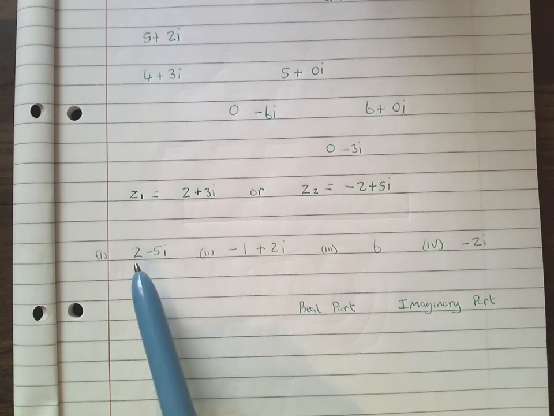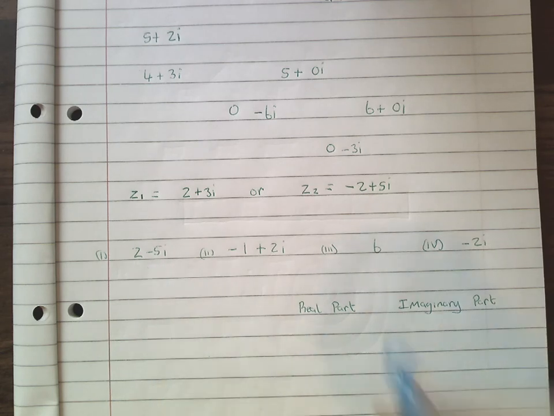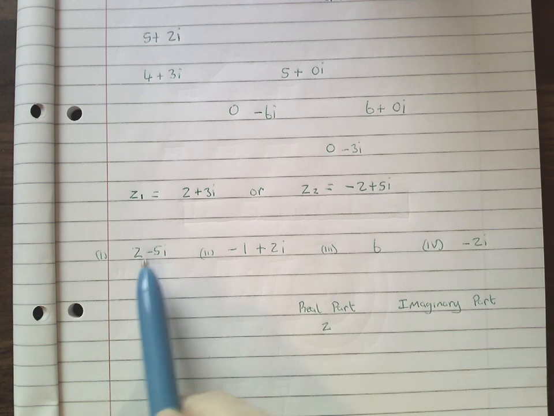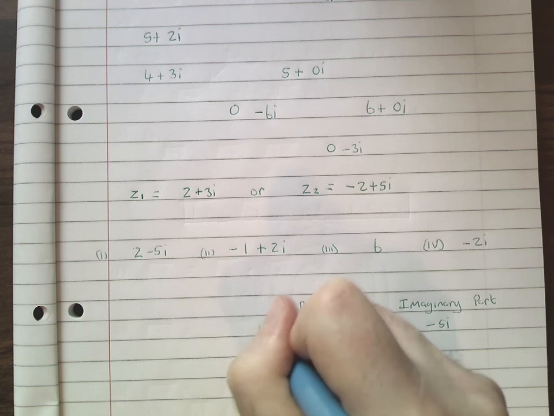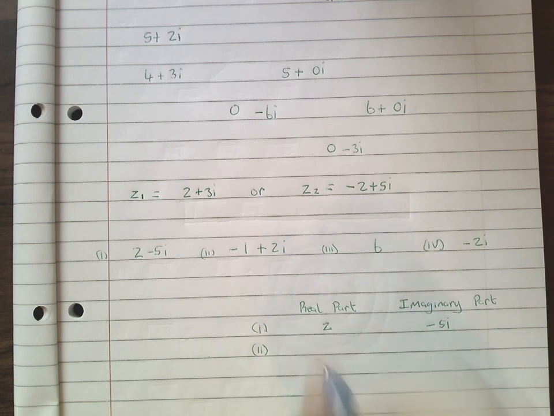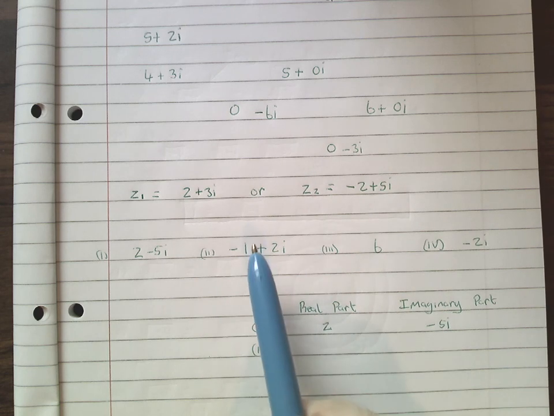If we take this first one here, what's the real part of this? This 2 here is the real part, and this minus 5i is the imaginary part. Okay, so that's question 1. Question part 2. If we look at this one, what's the real part and what's the imaginary part?